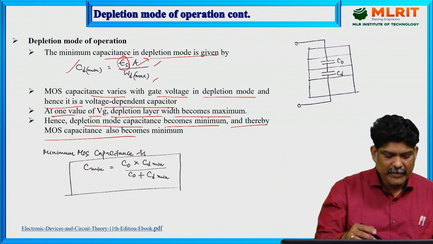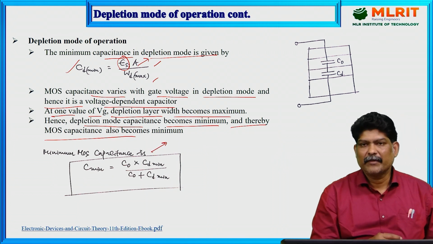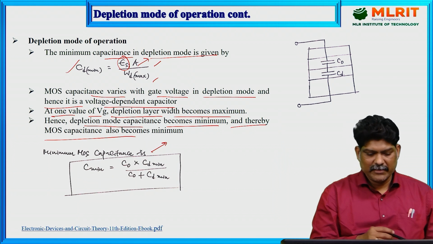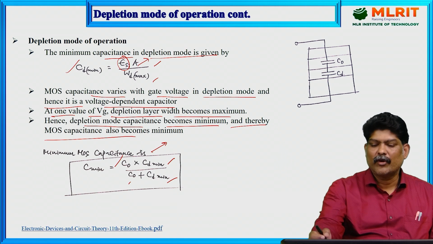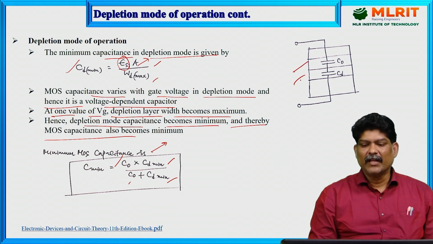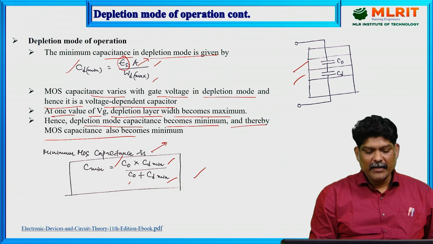The minimum MOS capacitance, in terms of depletion capacitance and oxide capacitance, is given by C0 into CD minimum by C0 plus CD minimum, just like a series combination. So this is the overall minimum capacitance.